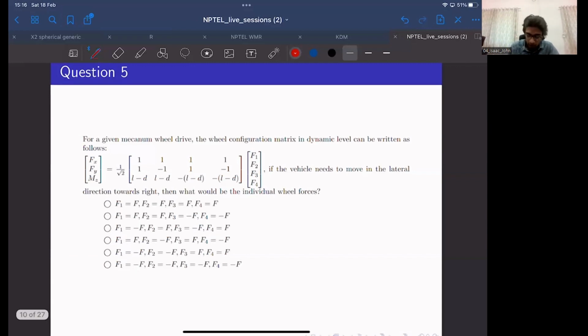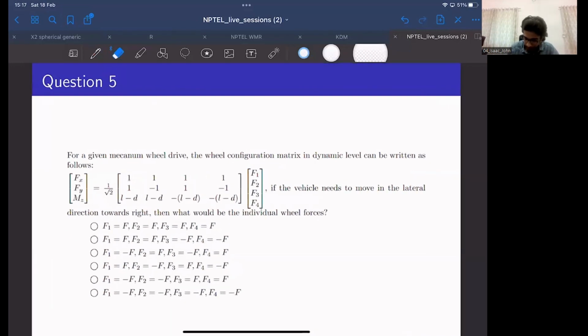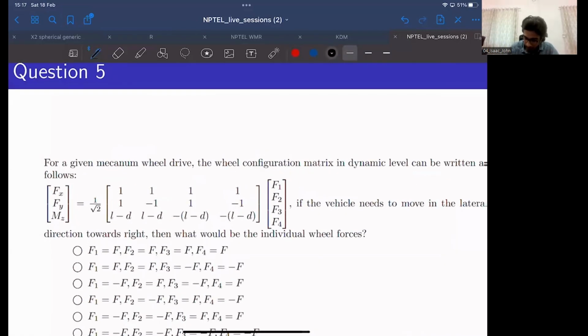If you can recall from the course, I'll reproduce the configuration of the mecanum wheel. The mecanum wheel will have passive rollers. For the first wheel, it will have passive rollers along this direction.